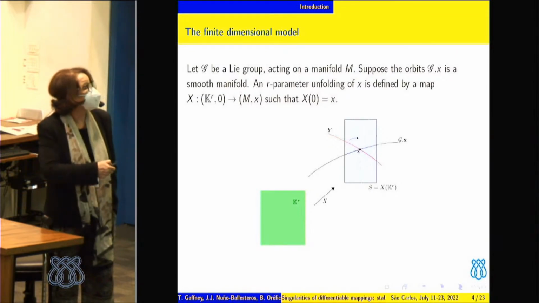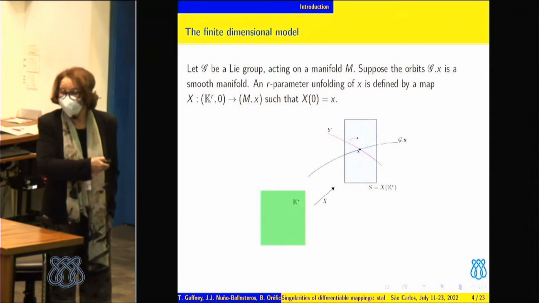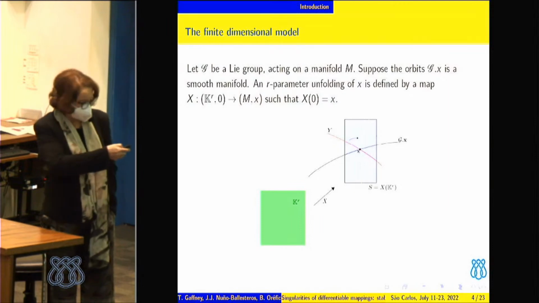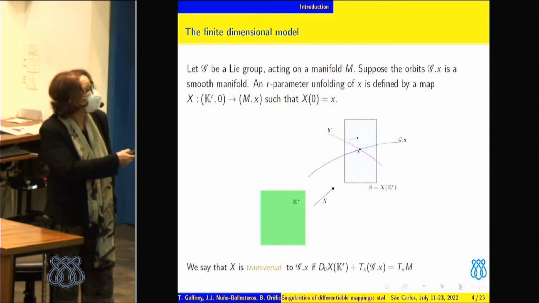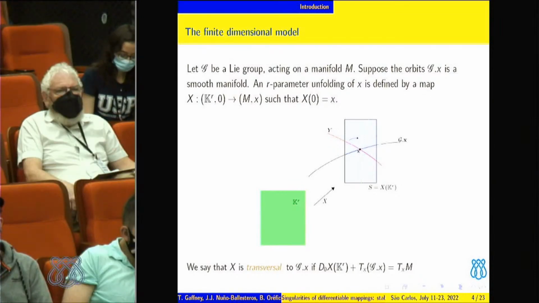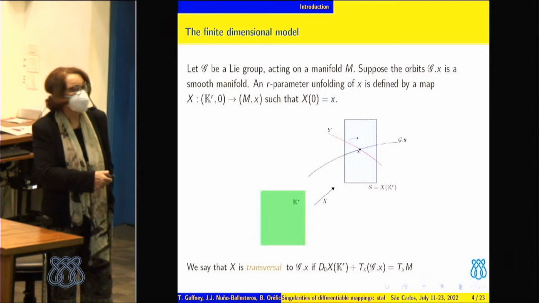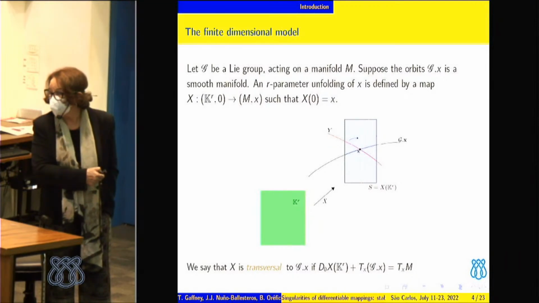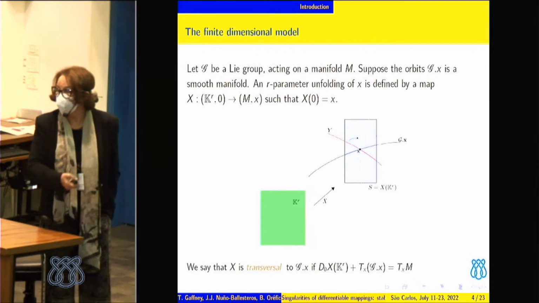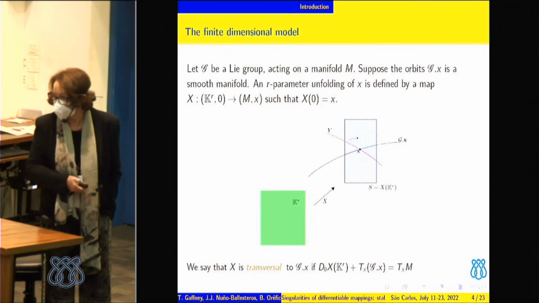So I say that this unfolding X is transversal if it's transversal in the natural sense, or in other words, if the image of R^r by the differential of X plus the tangent space to the orbit of x at x gives the whole tangent space at point x. Of course, if you have any question, you may ask, okay, please.